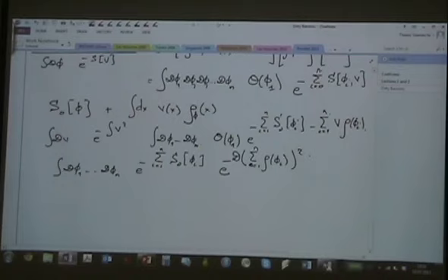So I have replaced a disordered problem by a problem of n fields. Each one has the same action. The actions just add for the pure case, but the disorder generates an interaction between these n fields.